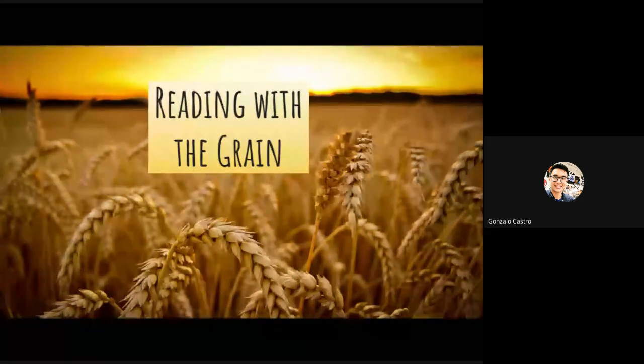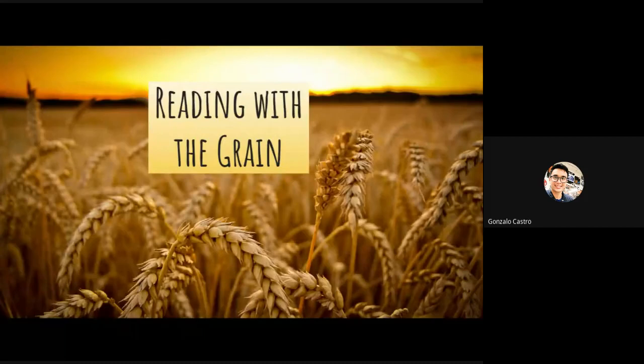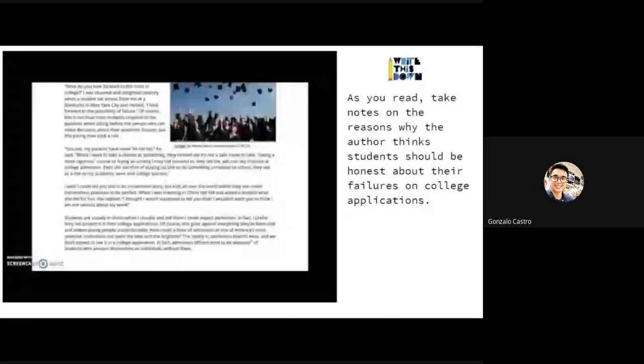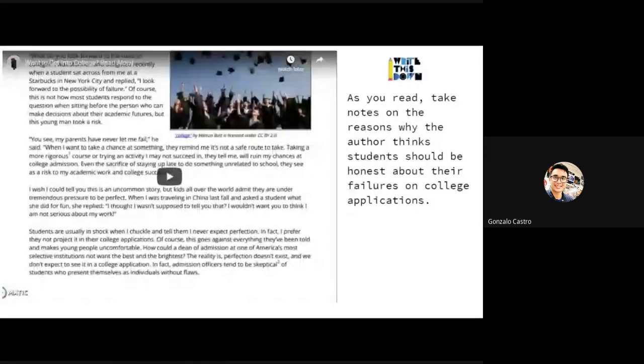But for now, we're simply reading with the grain, so we're kind of going with the flow, trying to understand the point that Angel B. Perez is trying to make. So we'll go ahead and look at the text, and as we read, take notes on the reasons why the author thinks students should be honest about their failures on college applications.